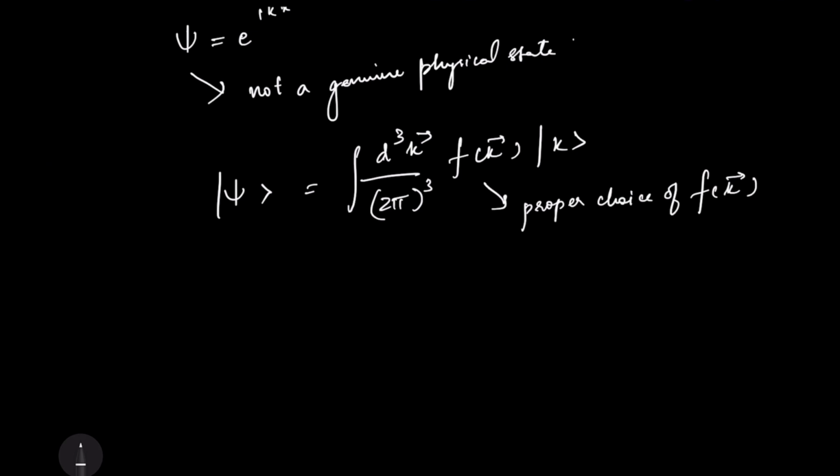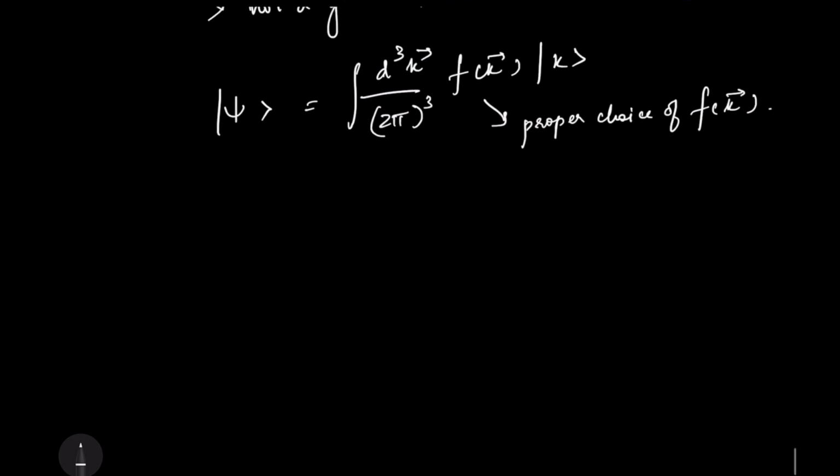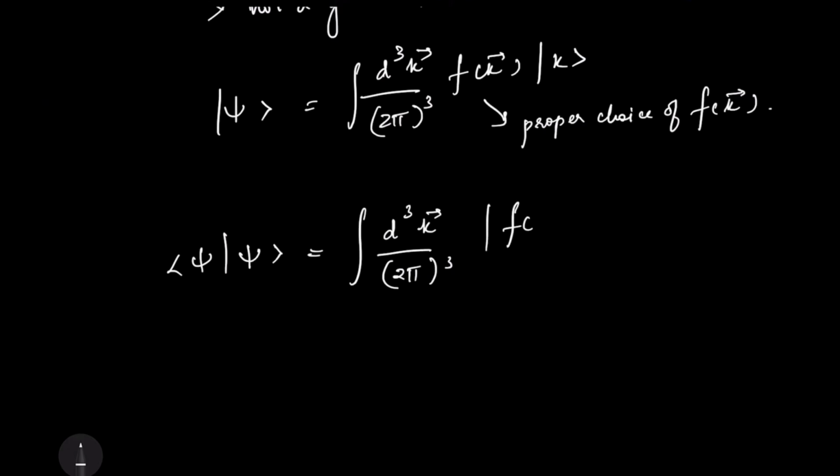Then the normalization of this state psi will be given by the integral of d cube k by 2 pi cube mod f of k squared, which is less than infinity, or I can say this is finite.